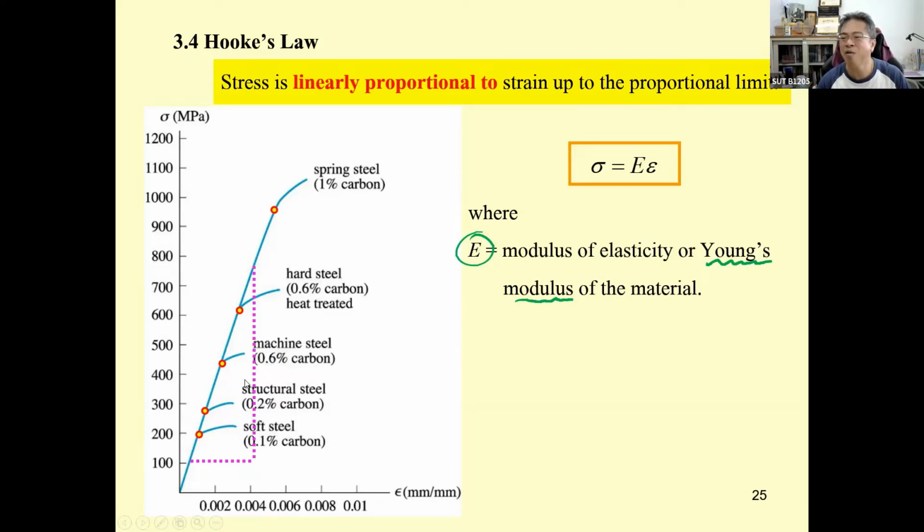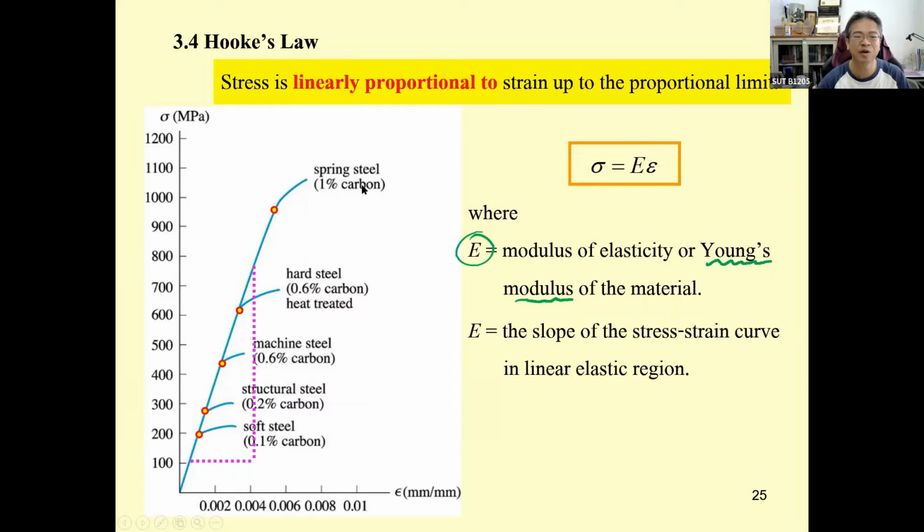For every type of material, such as steel with 1% carbon, this is going to be very high strength steel. And for this one, this is 0% carbon with heat treatment. This is going to be hard steel, machine steel used to produce machines. Structural steel, most of the time the ME students use this kind of material.